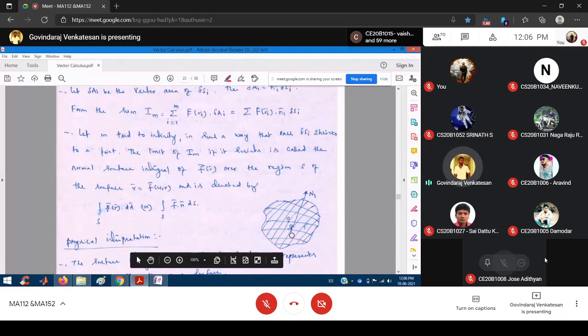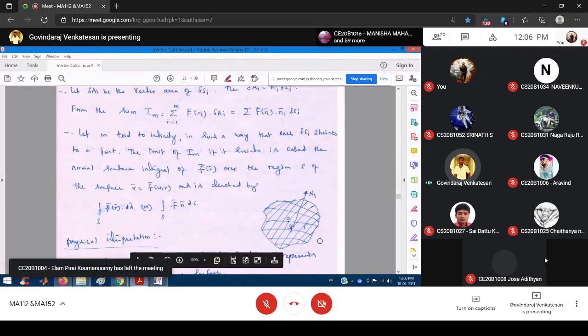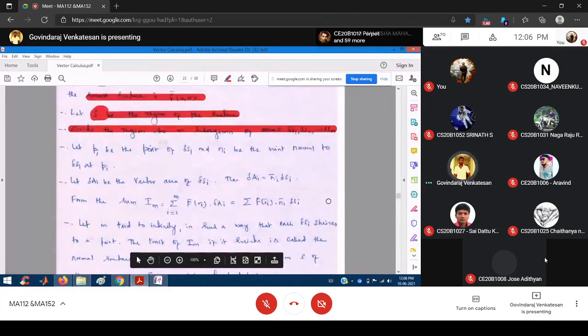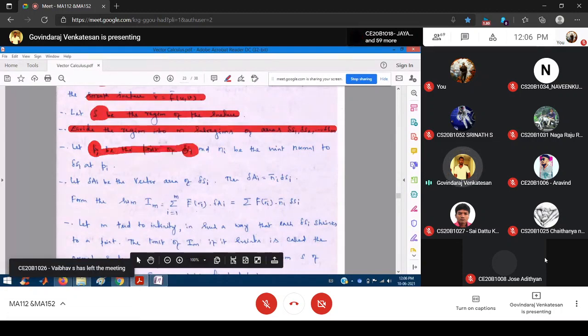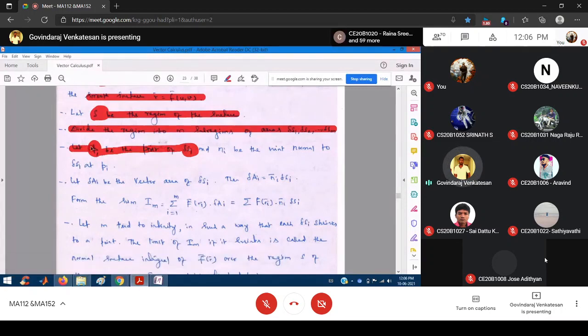So in that surface, the capital F of r is a vector point function defined on the smooth surface R. Let Pi be the point of each delta Si, and Ni be the unit normal to the delta Si at the point Pi. At each point Pi we have the unit normal Ni.